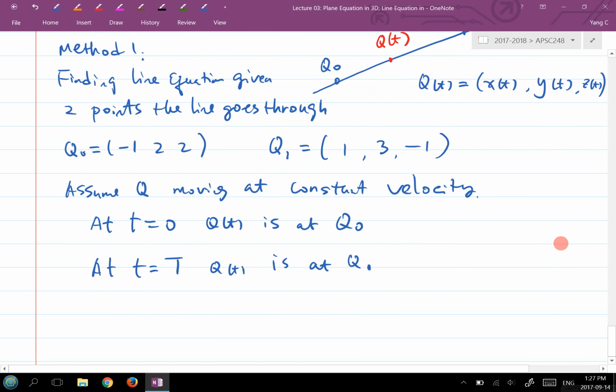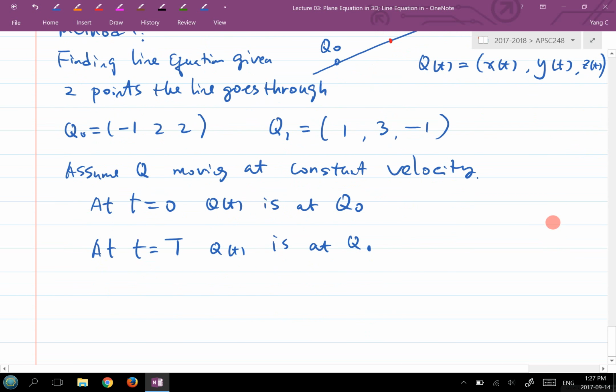So then let's use the physics concept. In physics, if you recall, what does the velocity equal to? Velocity equals what? Displacement over time. Good. So I'll make use of the formula here.